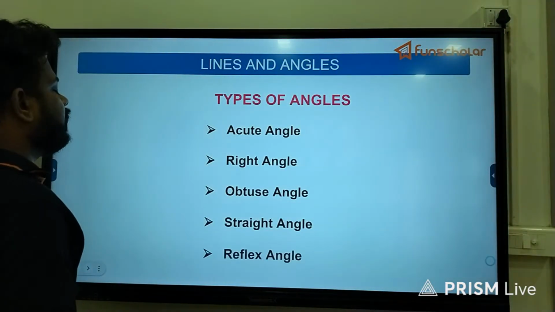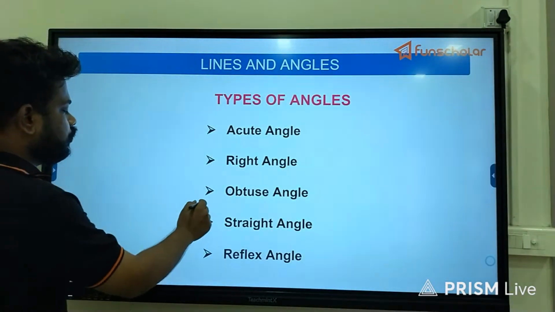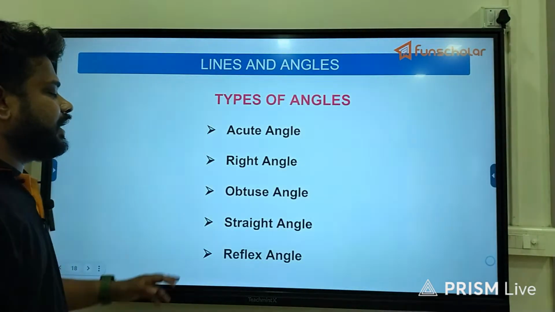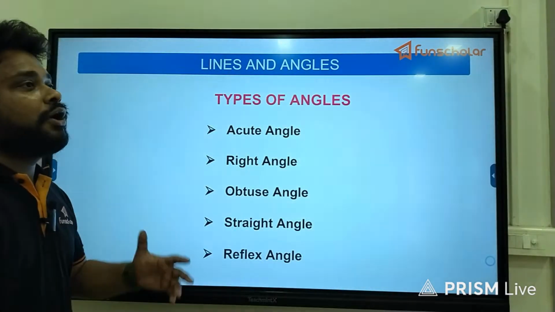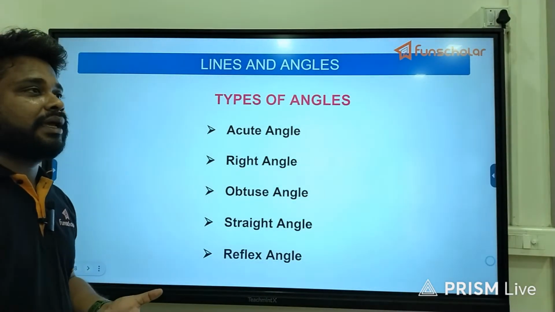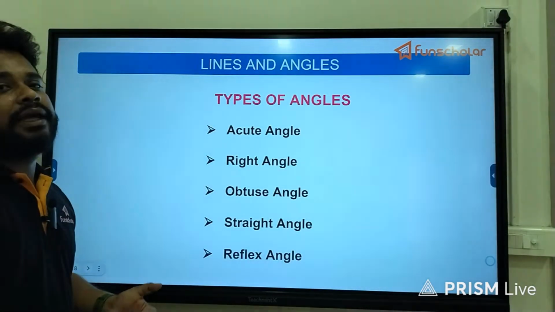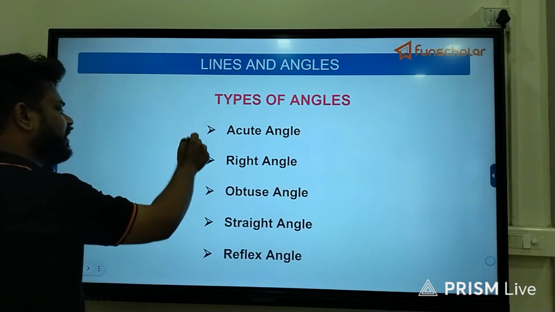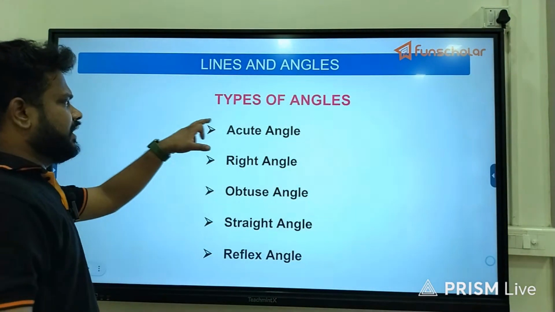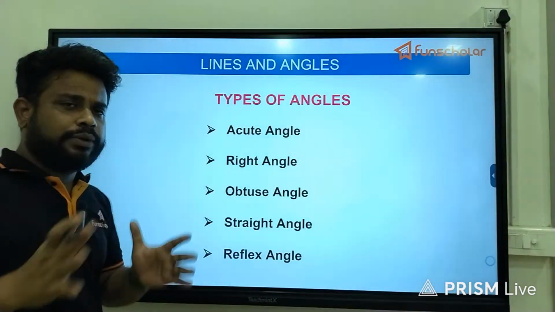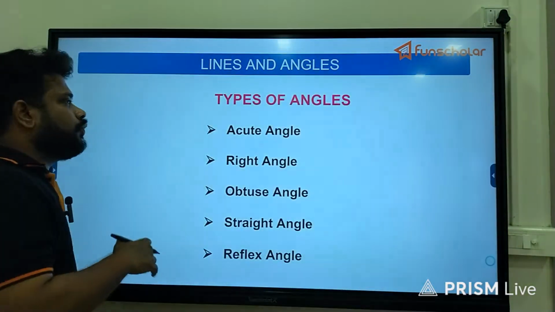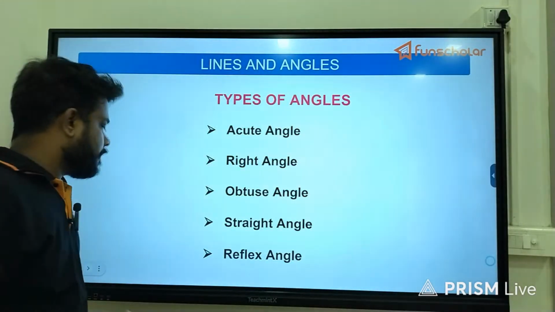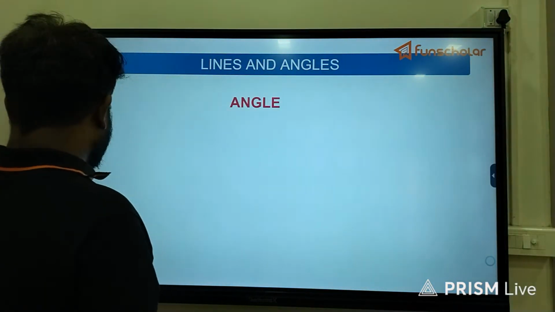There are also two or three more types of angle like straight angle, reflex angle, complementary angle, supplementary angle, and full angle or round angle. There are so many different types of angle, but the main three, which generally use the measurement of the angle to categorize them, are these.